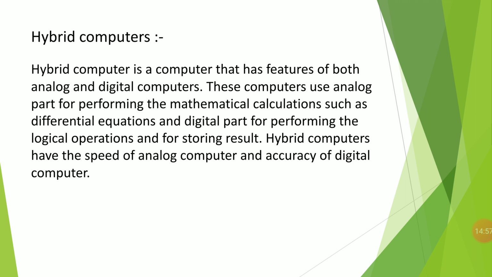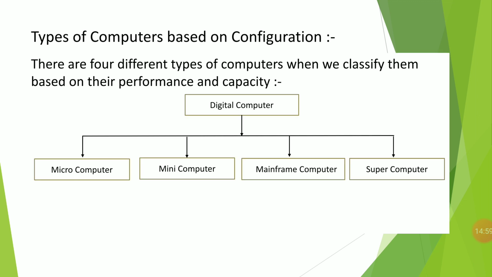Next one is types of computer based on configuration. Till now we have discussed types of computer based on operations. Now we are going to discuss types of computer based on configuration. Based on configuration, computers are classified in 4 parts. First one is microcomputer, then mini computer, mainframe and supercomputer.